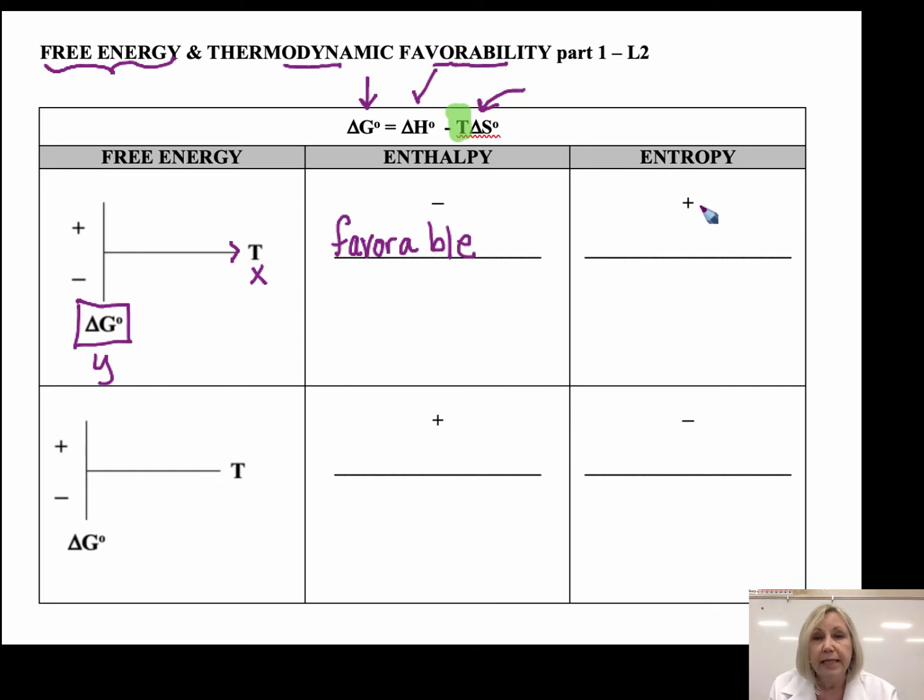And if entropy is positive, we have more freedom, more disorder, more ways of arranging, more microstates. That's also considered favorable.